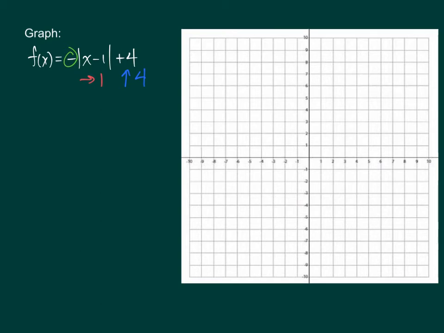And since it is outside of the grouping symbols of x, what that means is that this will reflect over the x-axis. So reflecting over the x-axis means instead of opening up, it will open down.